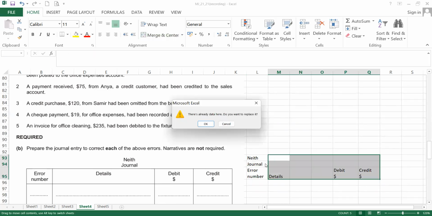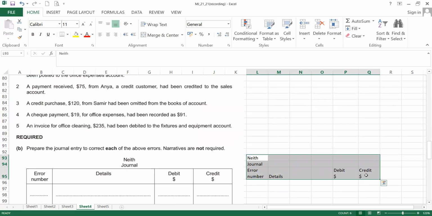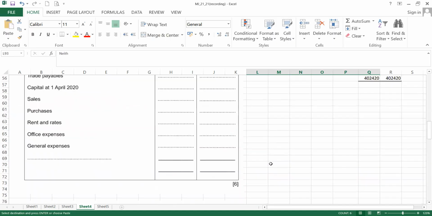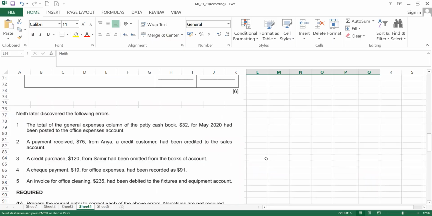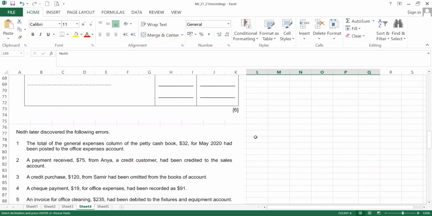So let's redo the adjustment. Narrative is not required.